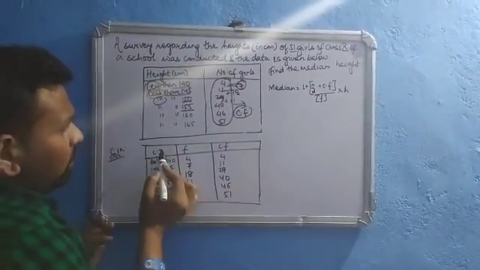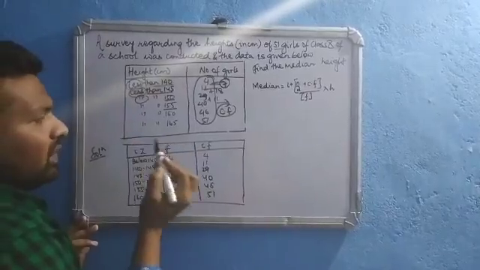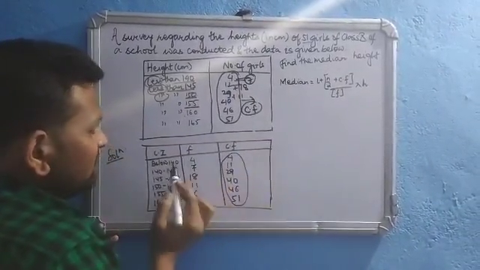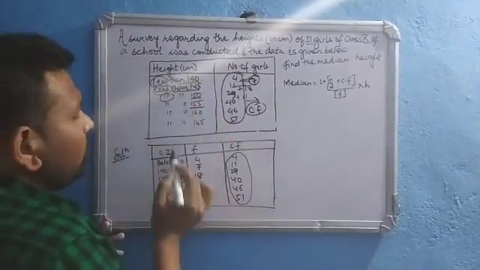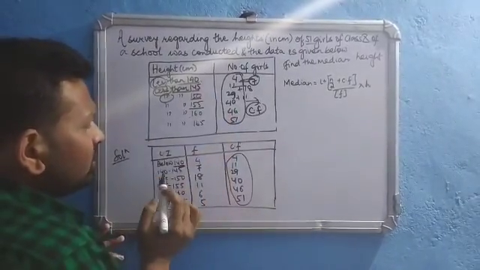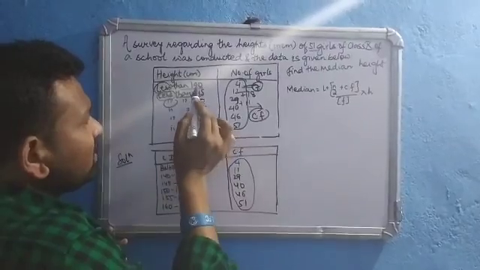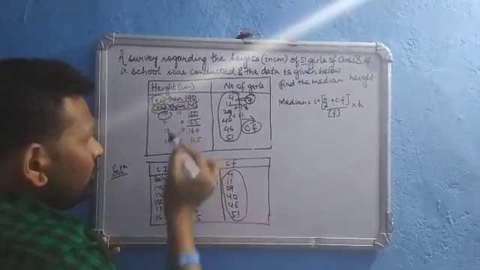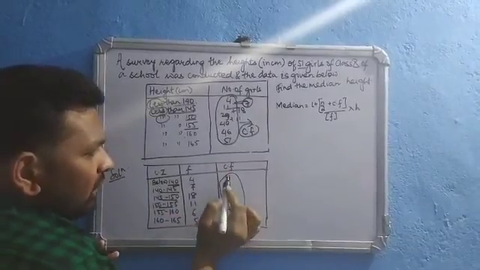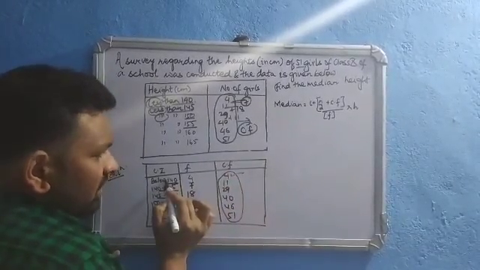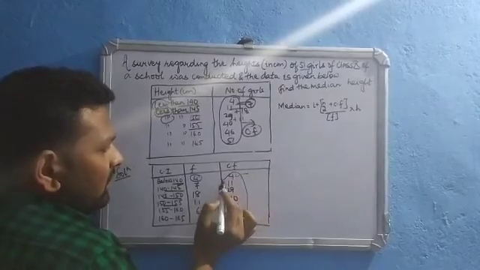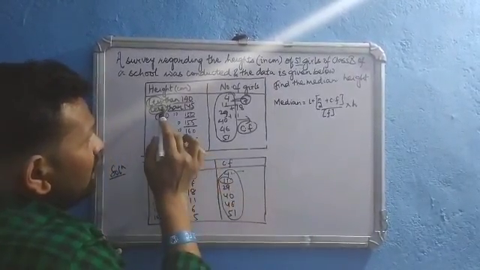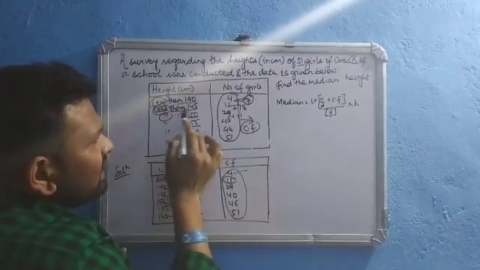Now you'll write class interval, frequency, cumulative frequency. We have the cumulative frequency here. Class interval: less than 140 means below 140. You have to write it in this way. Now less than 145 means in the range 140 to 145. Then again in the range 145 to 150, so on and so forth. Now 4 students below 140, frequency 4, fine. 11 students have height less than 145.